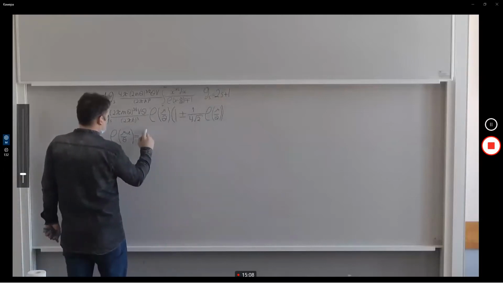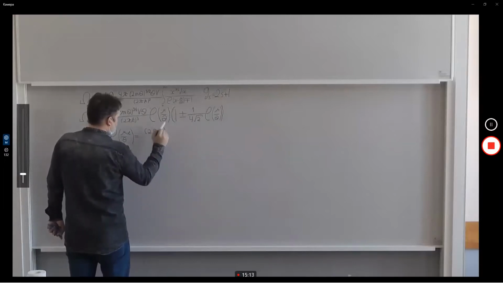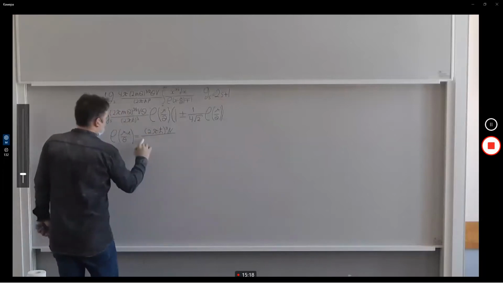We see that mu sub 0 is the chemical potential at zero temperature. The internal energy at zero temperature has this form.